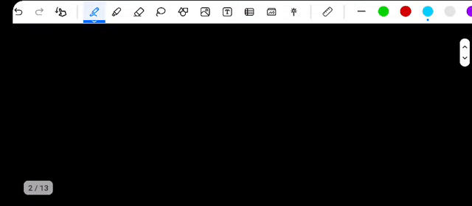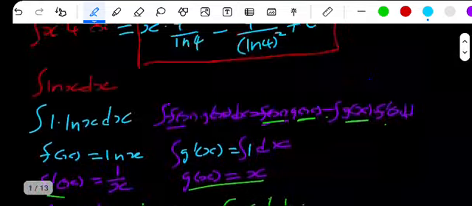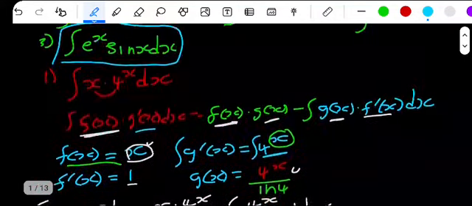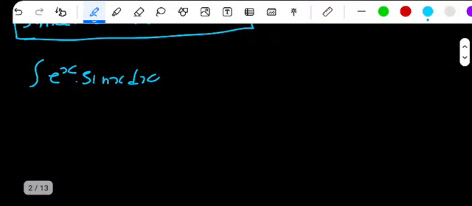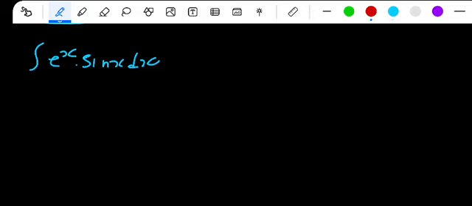We have the integral of e^x multiplied by sine x dx, if I'm not mistaken. Yeah, that is what we have. All right, so how can we approach this?